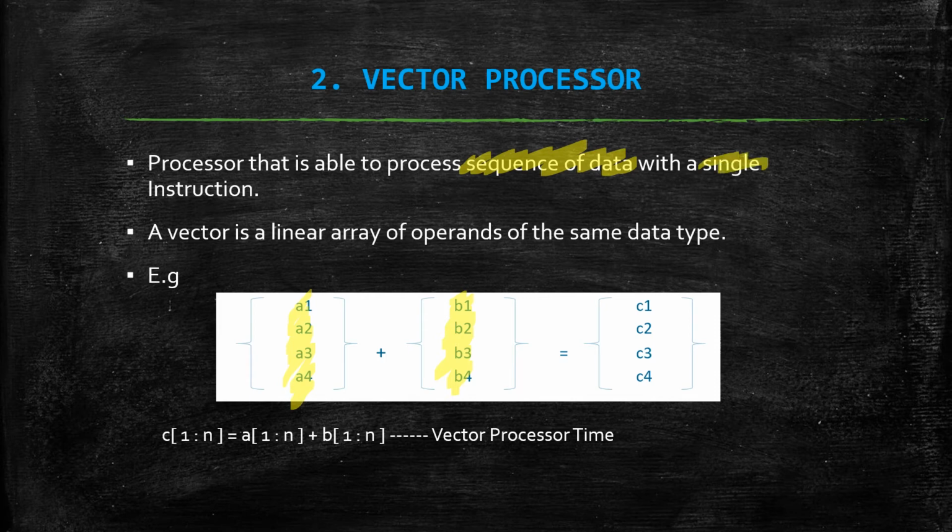Single instruction means you need a single instruction for multiple data. You have just given a single instruction to go and perform the addition operation. That's it. Whatever answer you get is not the concern right now.